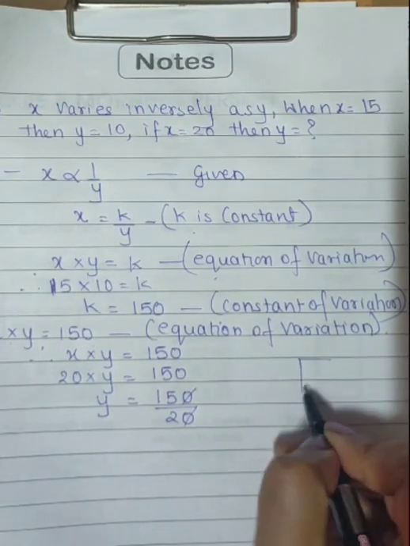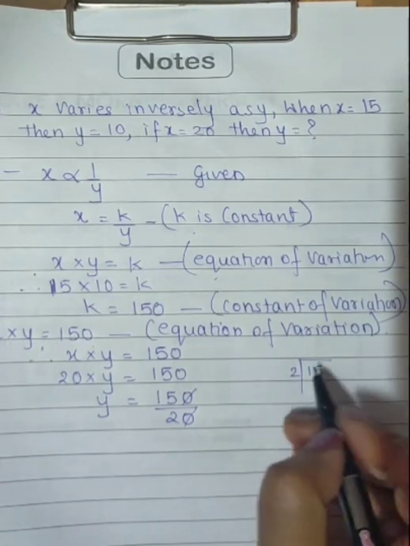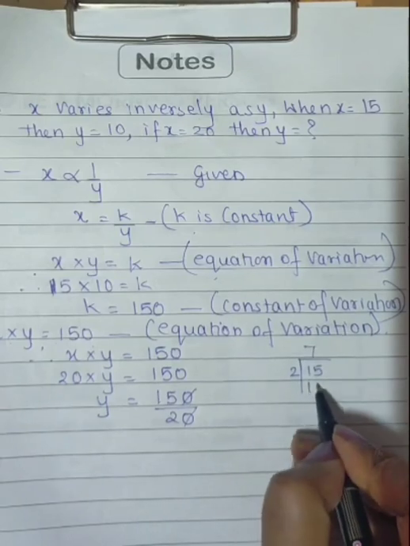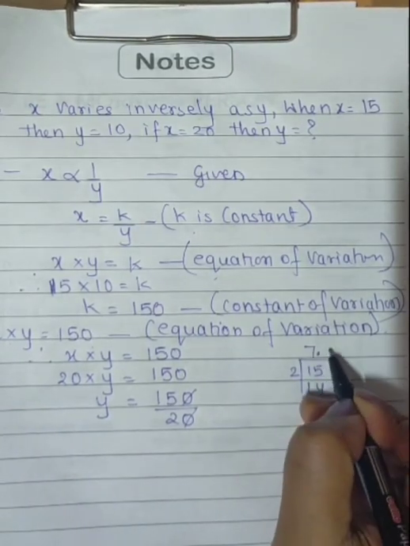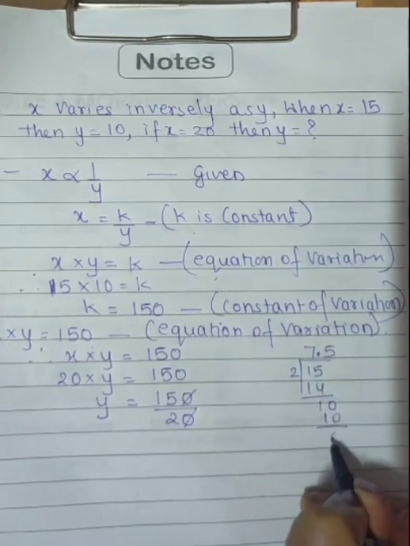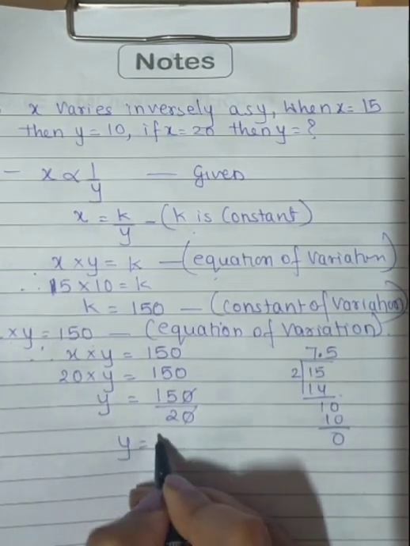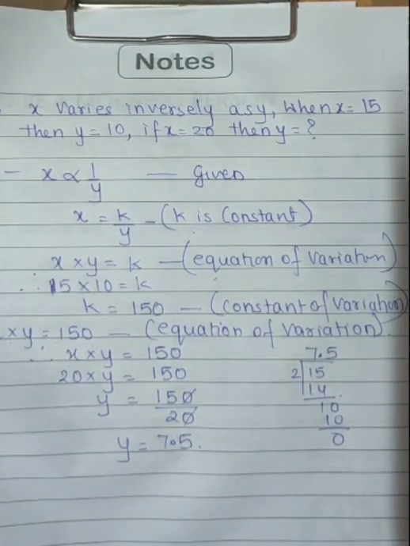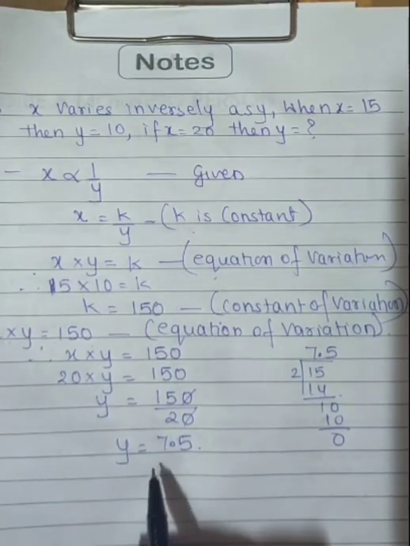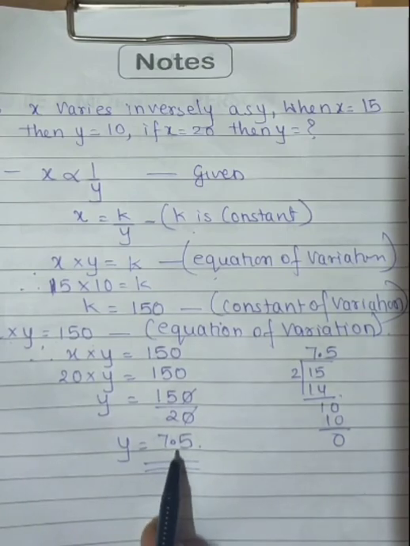When we divide 15 by 2, 2 7s are 14, then 0, 2 5s are 10. We got the answer y = 7.5.